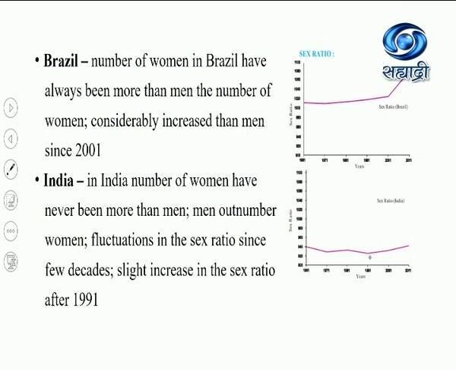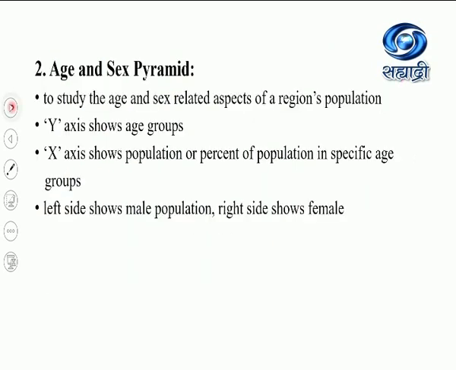You can see from 2001 there is a slight increase in the number of females in India. So we can conclude that the status of women is still very low in our country, and that's why the female ratio is also low. But definitely now it is increasing because of education and importance. The sex ratio is increasing in India.